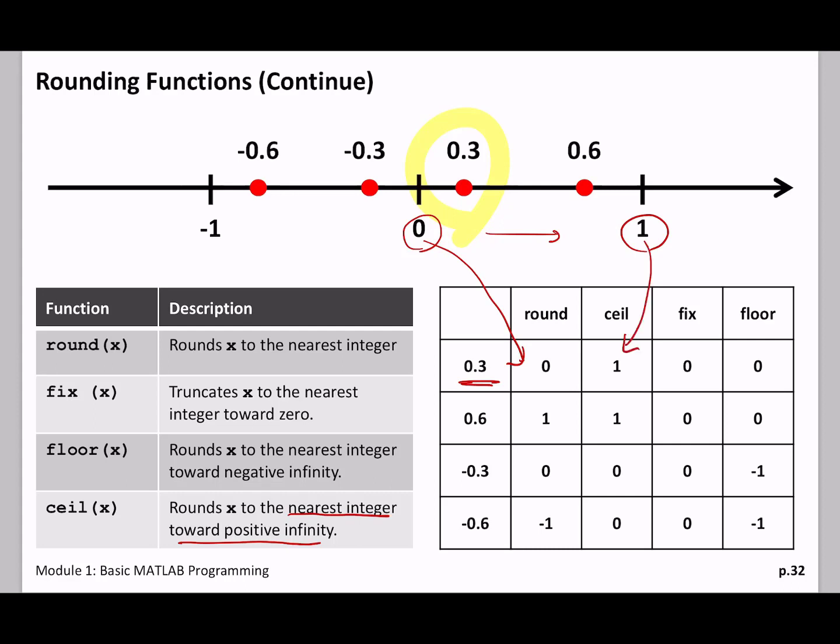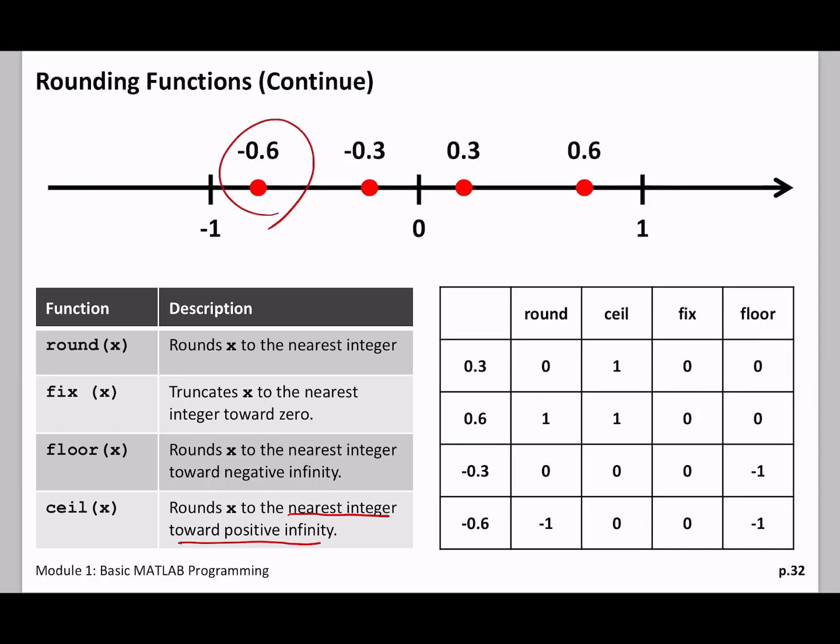Fix truncates x to the nearest integer towards 0. That's 0, right? Floor is the nearest integer toward negative infinity. That is 0, right? Makes sense?